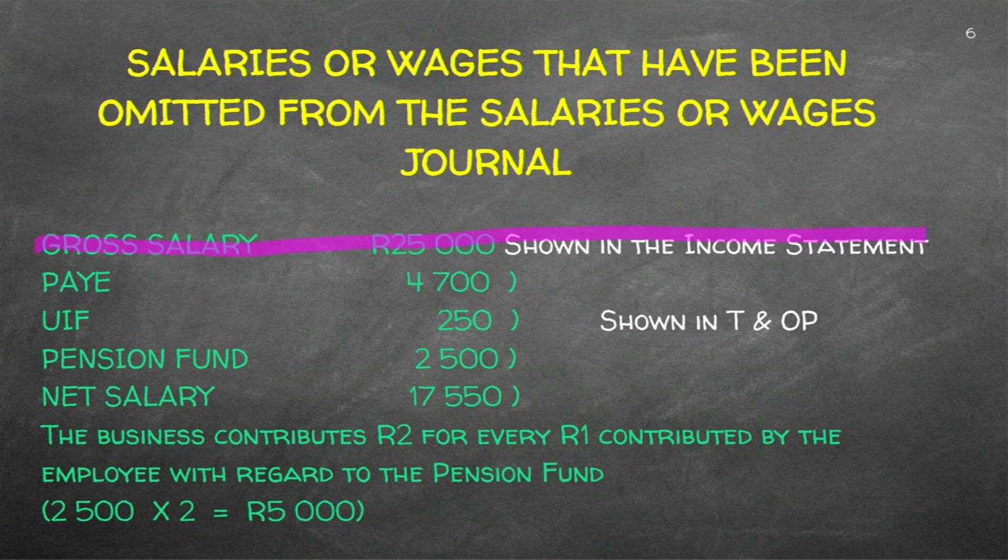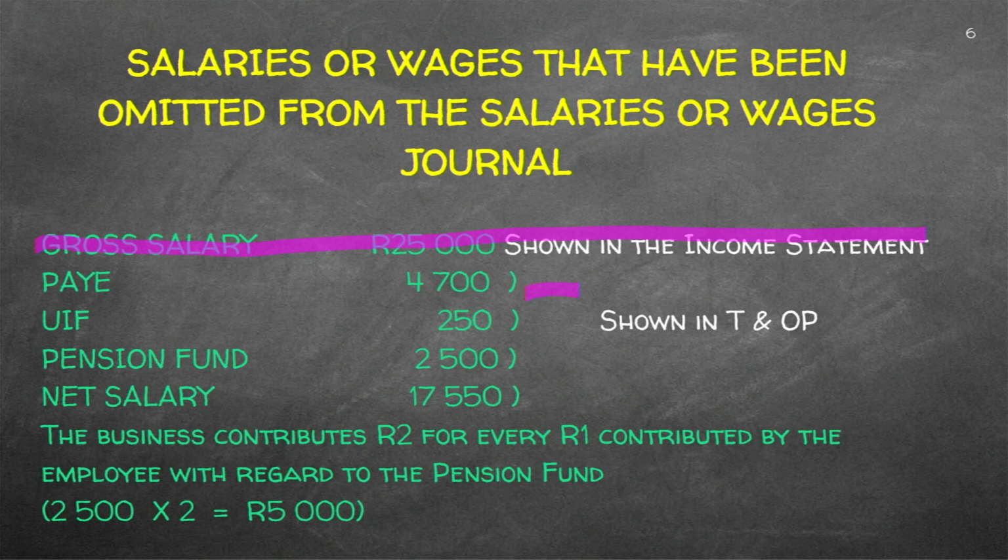PAYE, 4,700. Okay, remember that the business cannot pay PAYE, which I'm sure you remember stands for pay as you earn, the business cannot contribute to that. That is a deduction from the employee's salary.